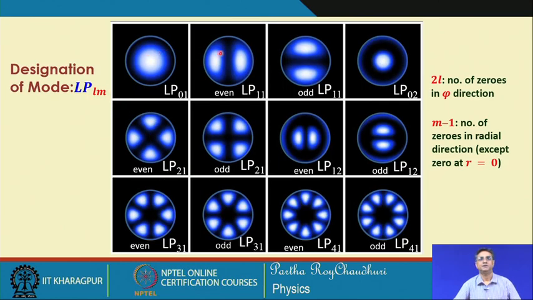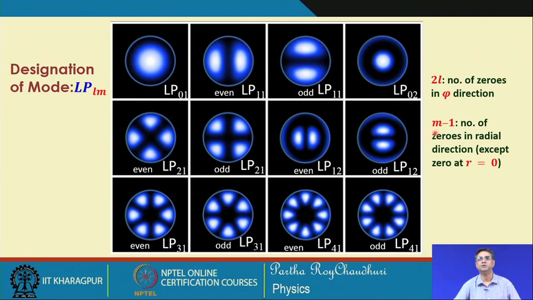Now, the various modes: LP01, LP11, LP11 odd and even. It can have two parities, it may have an orientation like this or it can be oriented in this way, and so on. You have LP12. This mode designation comes from LP-LM, where L is the Bessel order and M is the number of zeros of the Bessel function in the radial direction.